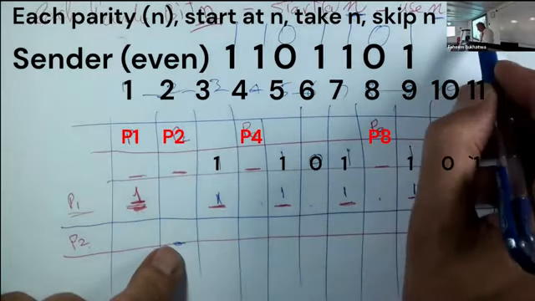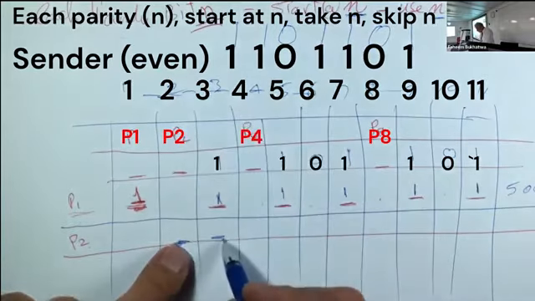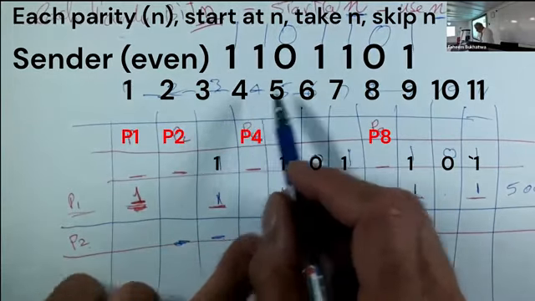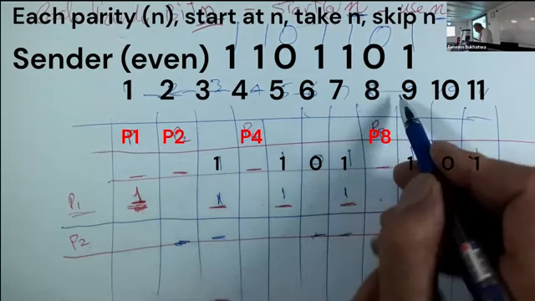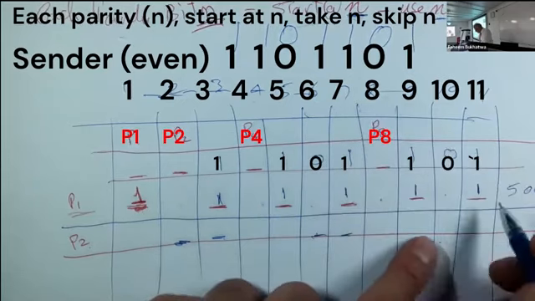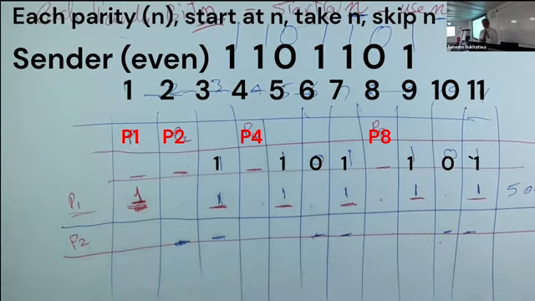Use 2 bits. So we're going to use 2 and 3, so position 2 and 3. And we're going to skip 2, which is 4 and 5. And we take 6 and 7. Right? And then skip 8 and 9, and take 10 and 11. So these are the bits that are associated with parity number 2. You'll need to do it now. I'll give you a quick example and you'll have to work this out to make sure you're following what I'm saying here.